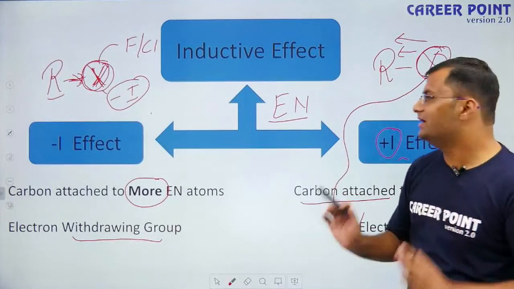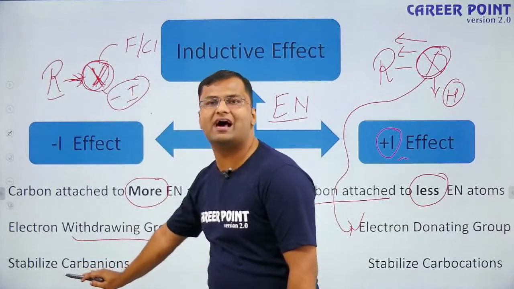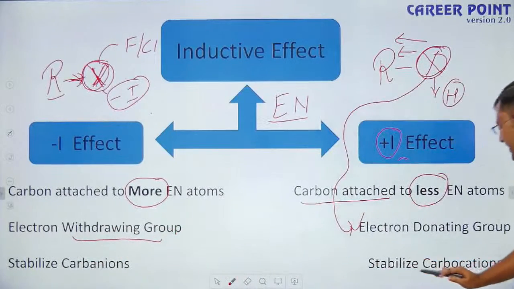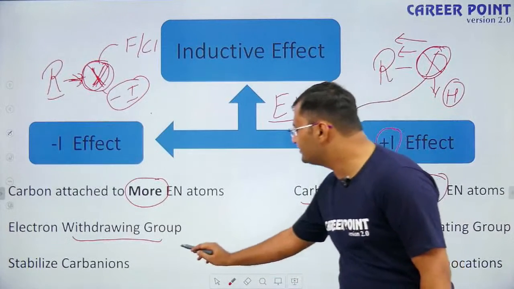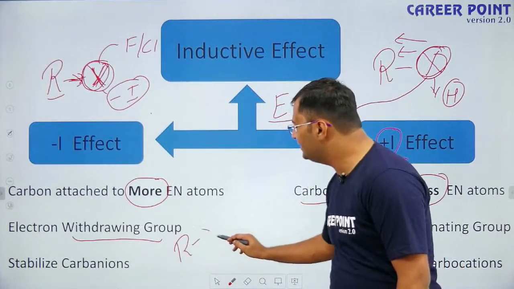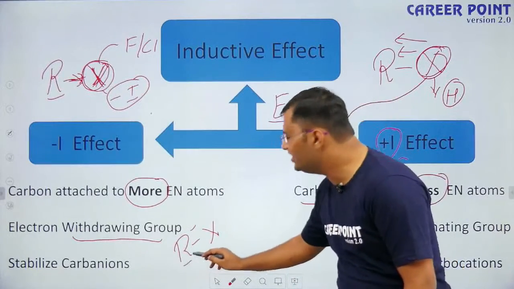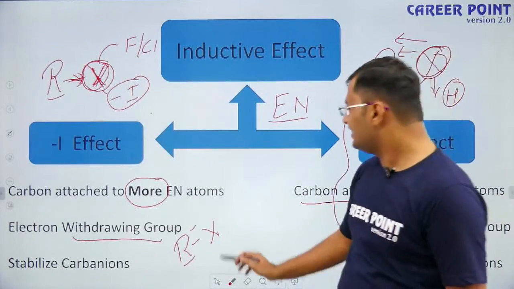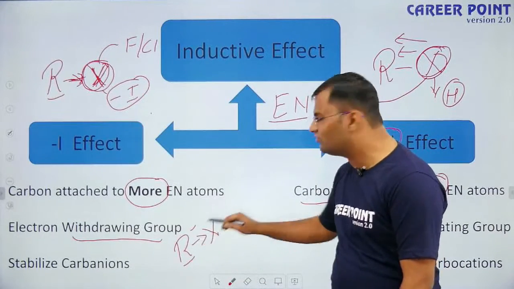Clear? Now the third point is that they stabilize the carbanion and they stabilize the carbocation. Let us take an example of R minus, meaning a carbanion is present, and here is X, an electron withdrawing group.